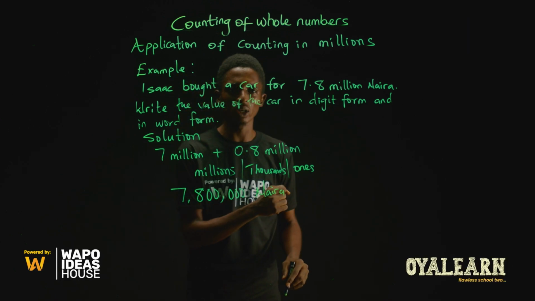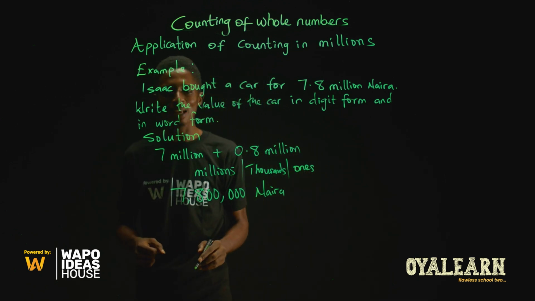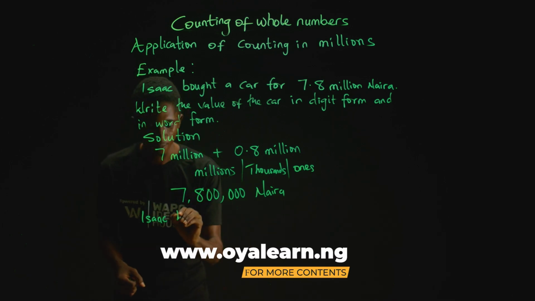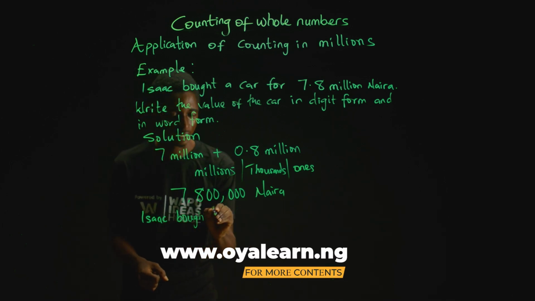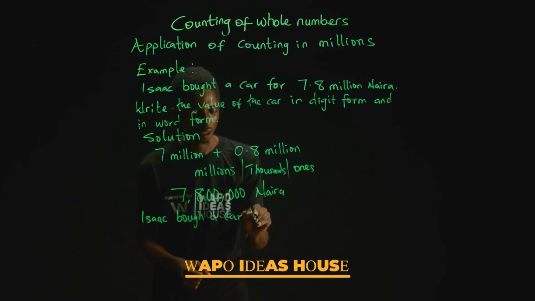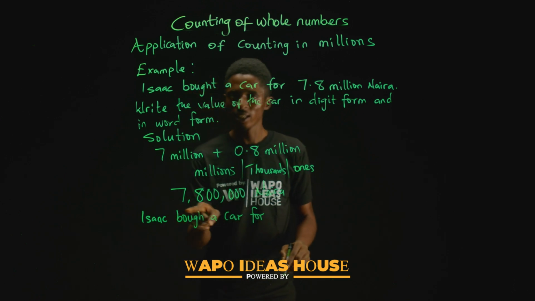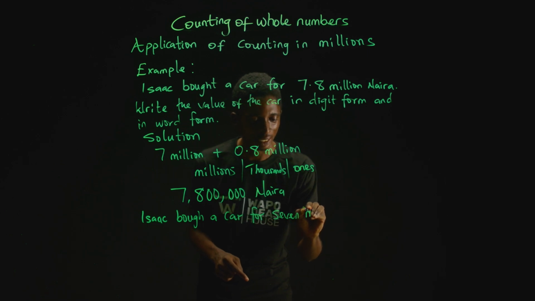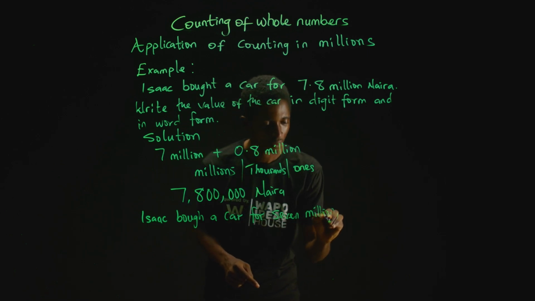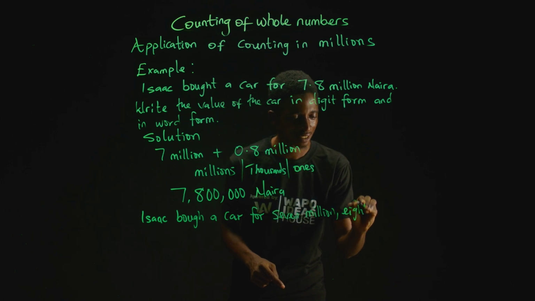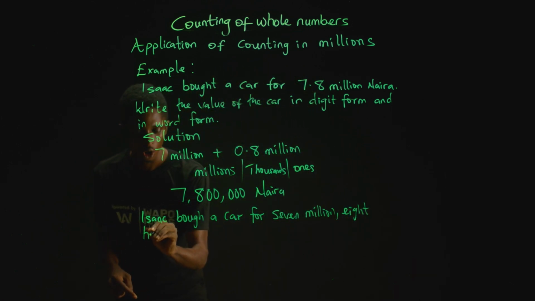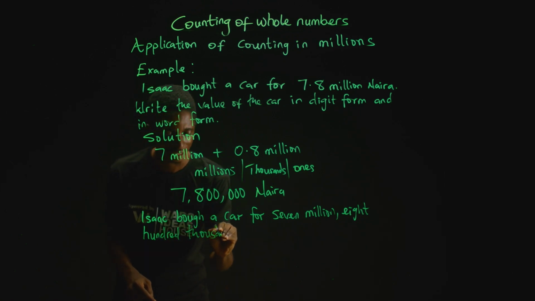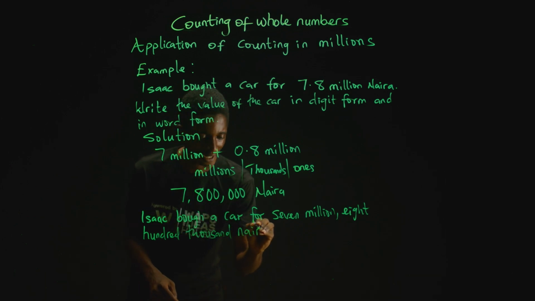If we are to write this in words, we then go on to say, Isaac bought a car for, now the amount, 7 million, 800,000 naira.